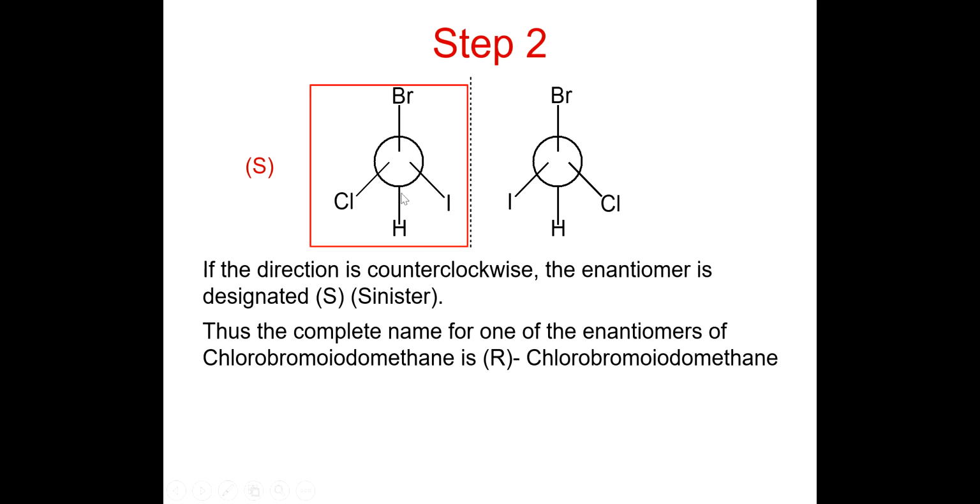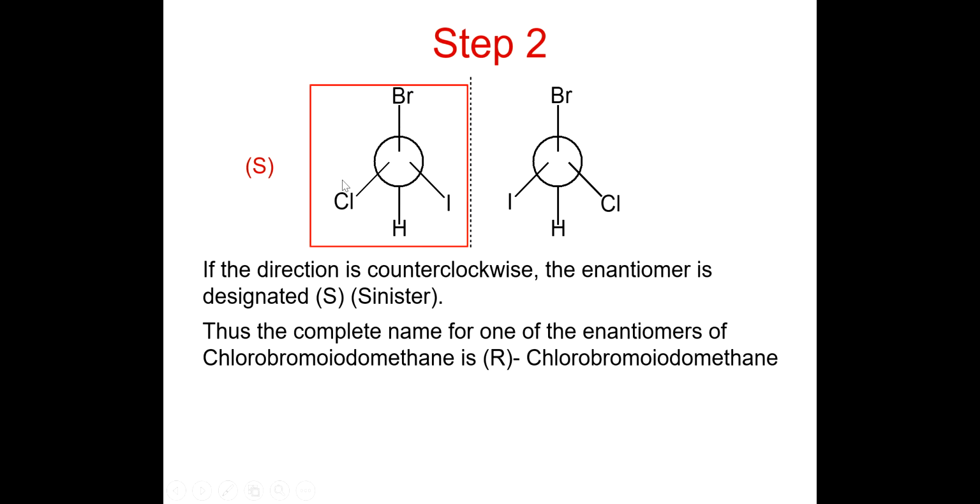And now we place the hydrogen, which is the lowest priority, away from us, and we view the remaining three groups. It goes from iodine to bromine to chlorine, so in a counterclockwise direction. So it's an S.